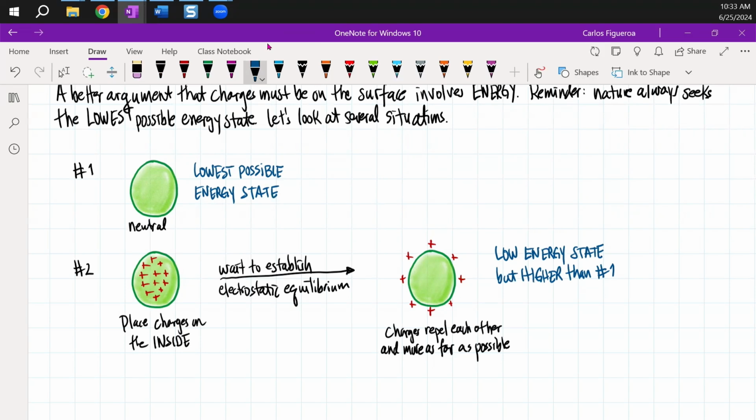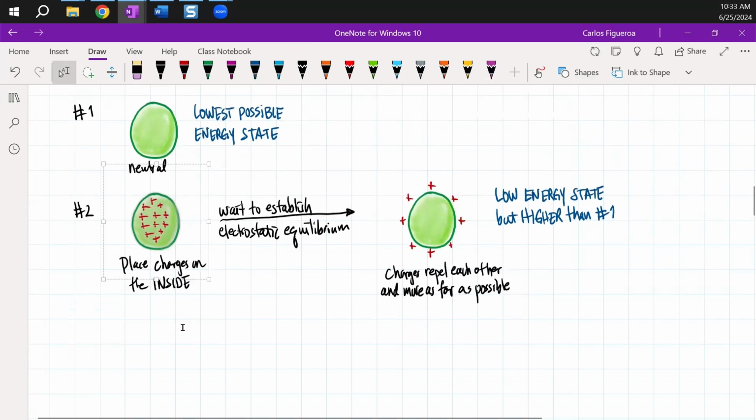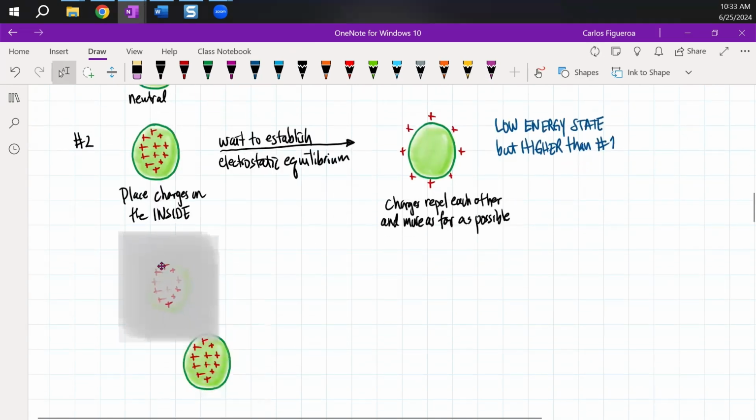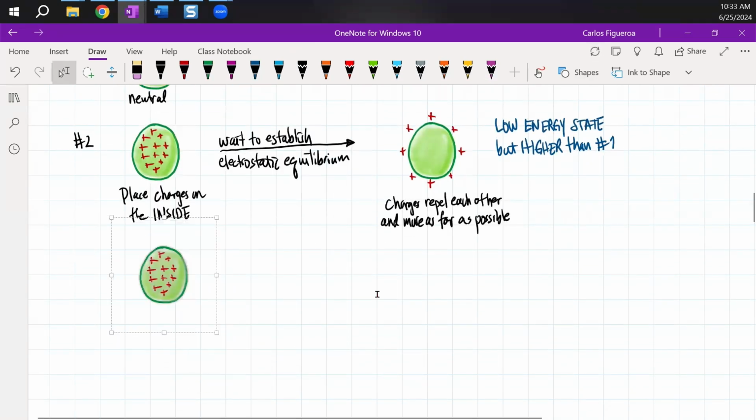So now I want to do the exact same thing here. In this situation, I'm going to have a third situation. In this third situation, I still place all these charges right here, right?